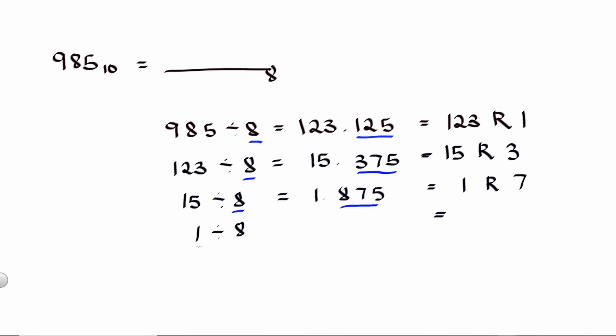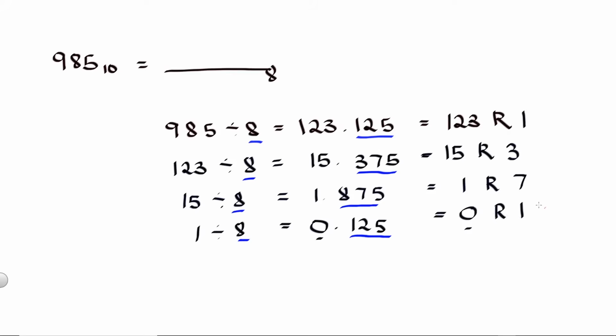Since 1 is less than 8, the answer is 0 remainder 1. To check this answer, we're going to divide 1 by 8, and it will give us 0.125. And this 0 goes here. And for the remainder, we're going to multiply 0.125 by 8, and it will give us 1. So the remainder is 1.